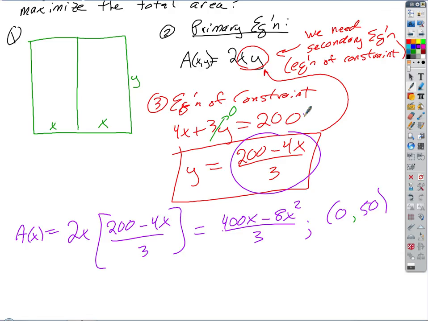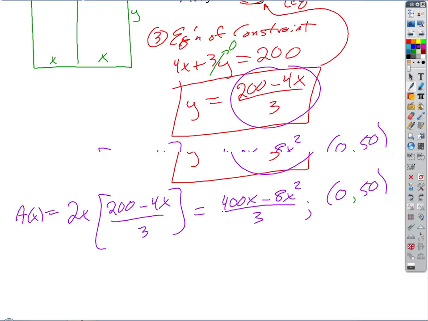Because y can't be negative, agreed? If y goes all the way to 0, then our equation of constraint would just become 4x equals 200. So if we solve for x, what do we get? 50, right? So the biggest x could be is when y gets to 0, and that would be 50. So there's our domain, right?